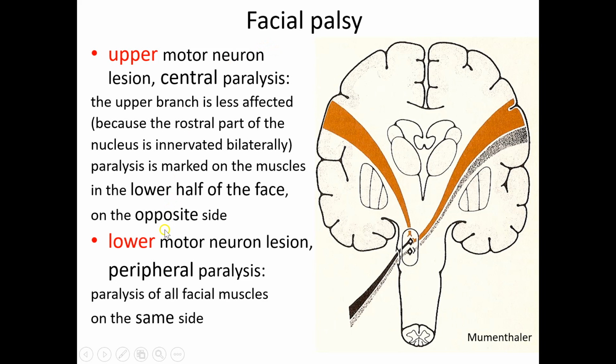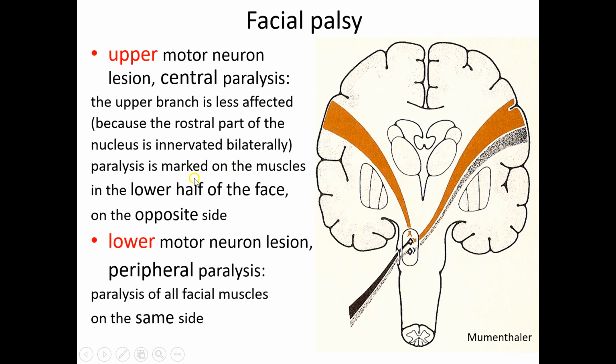This is how upper and lower motor neurons are distinguished. What is upper motor neuron? If there is a stroke, for example, in the cortex, the facial nerve nuclei are involved and its peripheral branch is involved, it will lead to lower motor neuron damage. In upper motor neuron lesions, or central paralysis, the upper face is less affected because the rostral part of the nucleus is innervated bilaterally.